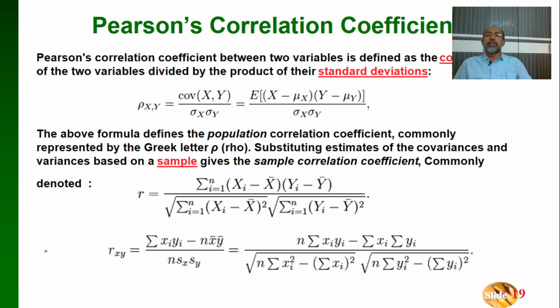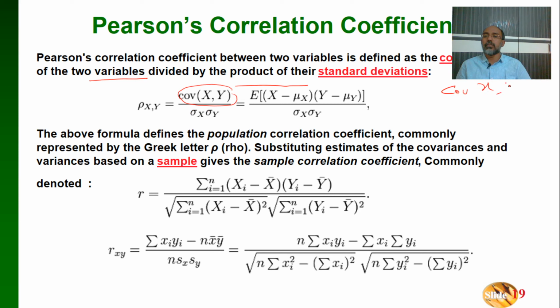Karl Pearson's method is simply written as Pearson's method, and according to this method, Pearson's correlation coefficient between two variables is defined as the covariance of two variables divided by the product of the standard deviations. So covariance of x comma y divided by standard deviation of x and standard deviation of y.